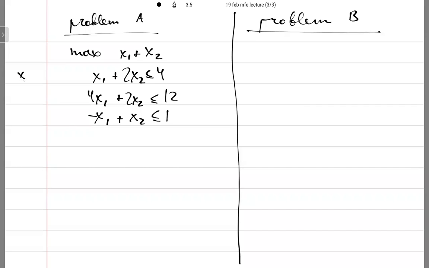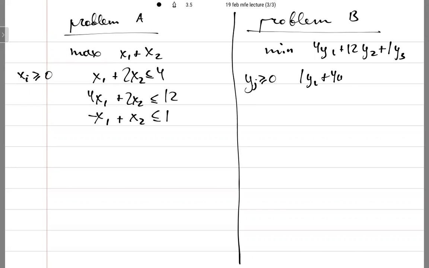And the non-negativity constraint, x is greater than 0, and minimize 4y1 plus 12y2 plus 1y3, y greater than 0, 1y1 plus 4y2 minus 1y3 is greater than 1, and 2y1 plus 2y2 plus 1y3 is greater than 1.